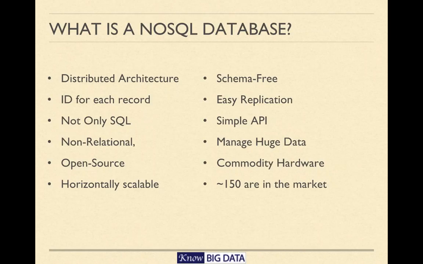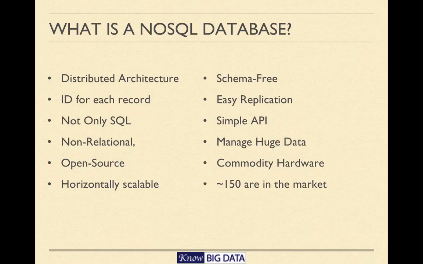And when you have many machines, some records go to one machine, some records go to another, some go to the third one, and so on. To handle such complexity, where some records are here, some records are there, you have to have an identifier for each record, right? Like in battalions, you have to have an identifier for each person. Otherwise, you would not know where which record is, right?